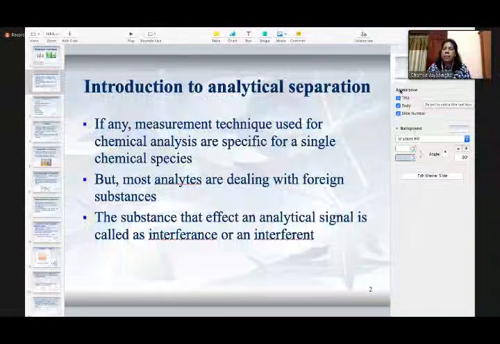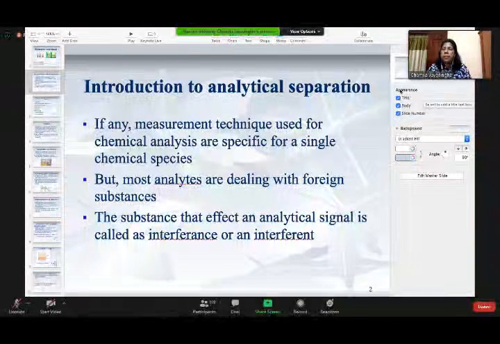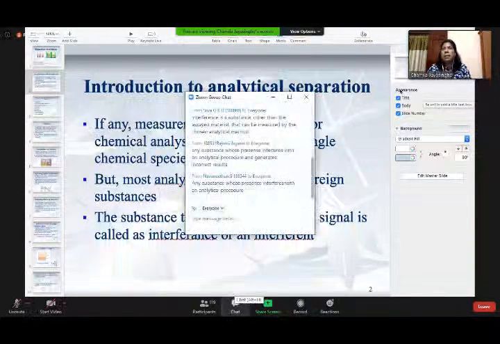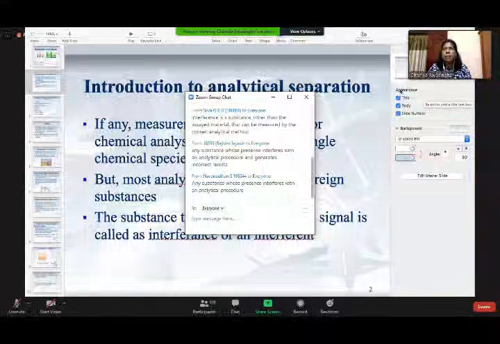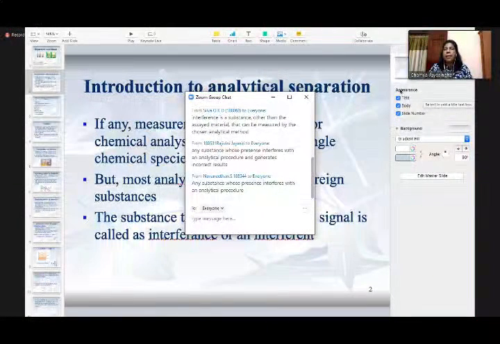Any substance whose presence interferes with an analytical procedure. It's not actually the analytical procedure. We can't say that, because the analytical procedure is a different step, and many steps are there in it. It's at the analysis, when we are going to take the measurement, that the chemical species disturbs us, and it makes different complexes.